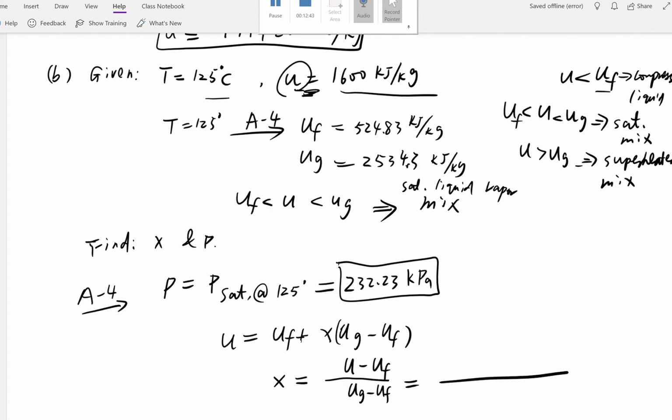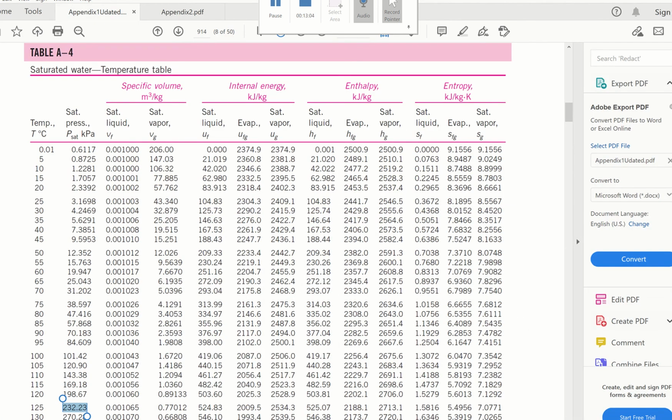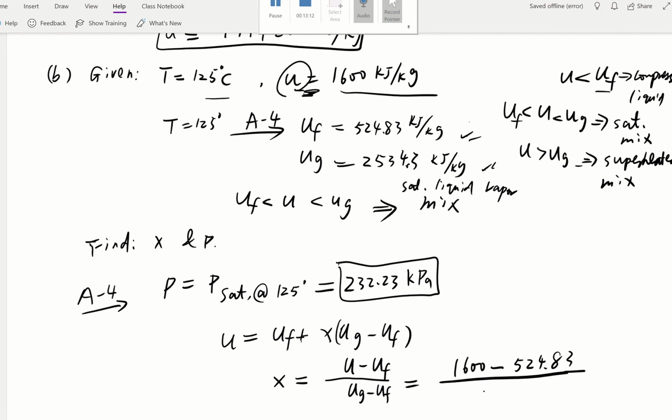Let's go ahead and put our numbers in. Our given U, which is in between Uf and Ug, is 1600 minus Uf, which you got from the table, 524.83. And for Ug minus Uf, you can either use those two numbers and subtract them, or you can just find it from the table. They give Ufg already, 2009.5.